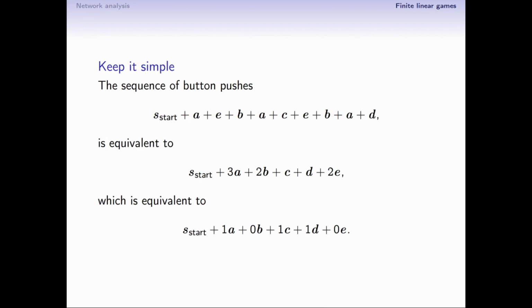So what I'm claiming is that even though we've got this mad sequence of button pushes that we did, it's equivalent to taking our starting state vector and hitting button A once, hitting button C once, and then hitting button D once. We don't have to touch buttons B or E, and we'll have exactly the same effect as this.